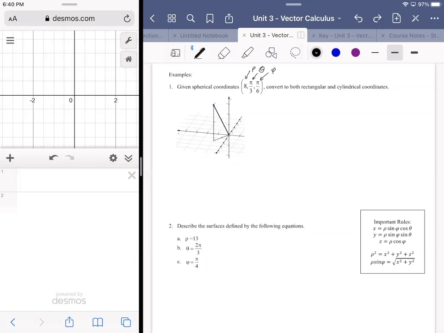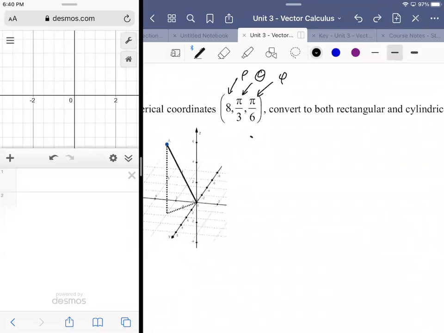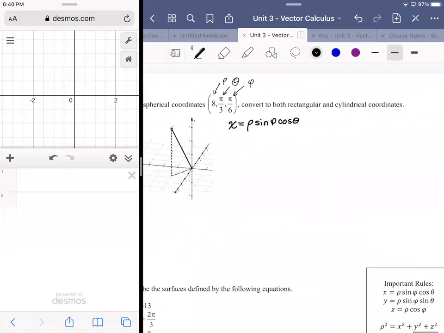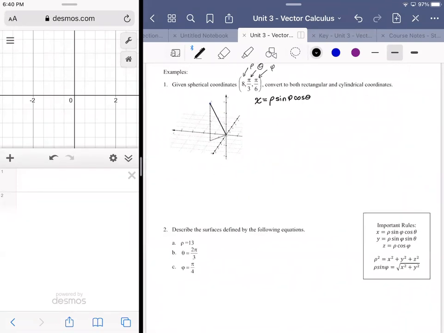Rho sine phi cosine theta is the value of x. All right, x is equal to rho sine phi cosine theta. All right, and rho sine phi sine theta is the value of y.